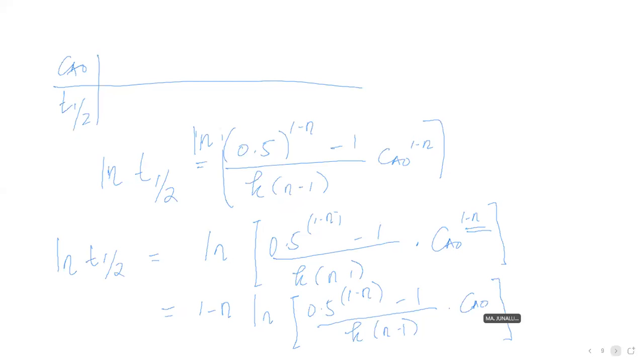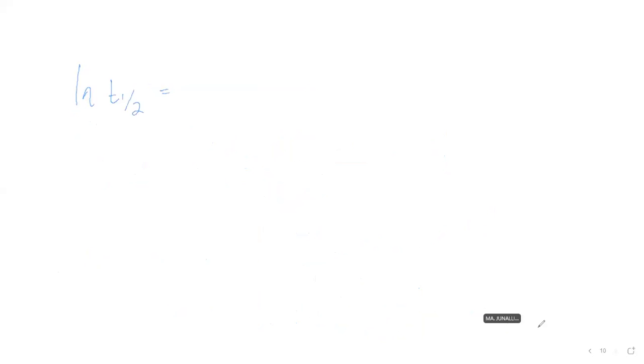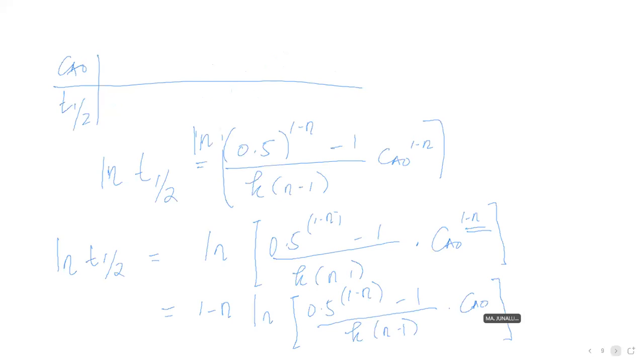What do you mean by that, Miss? So this is what you're going to do. I have here the ln of CAO raised to 1 minus n. Split ko lang anay ha, plus the ln of, what was written there? It's quite long. 0.5 raised to 1 minus n.